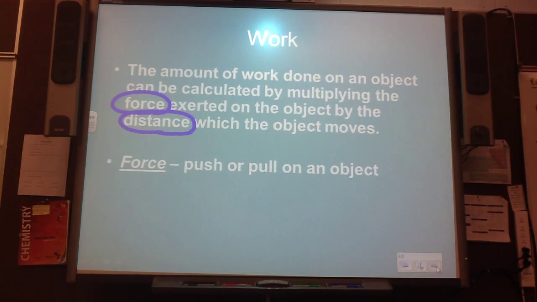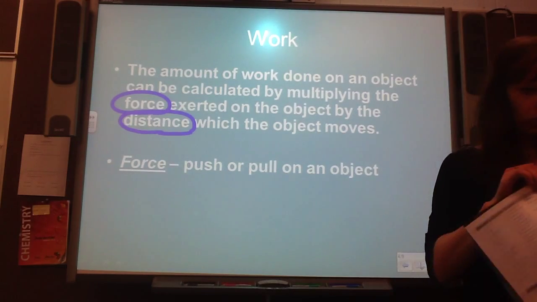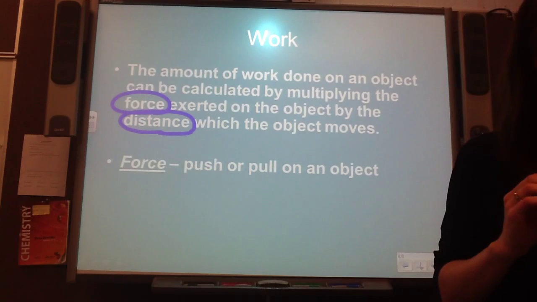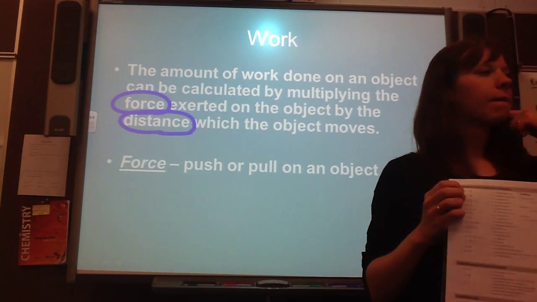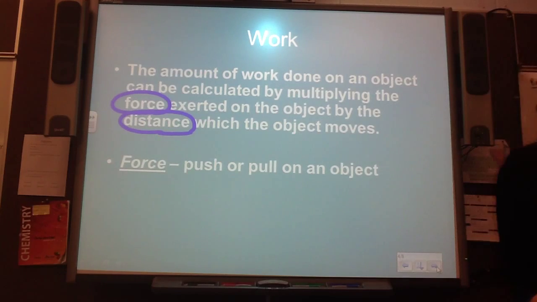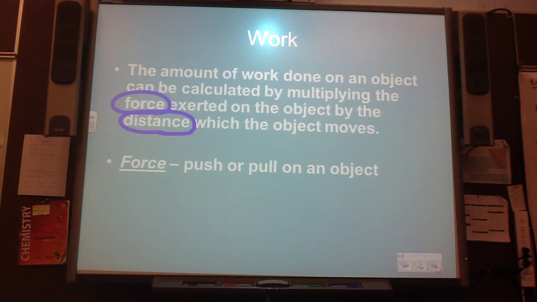Now let's take out our formula sheets, our data sheets. We've done the first one, V equals D over T, on this side of your formula sheet.